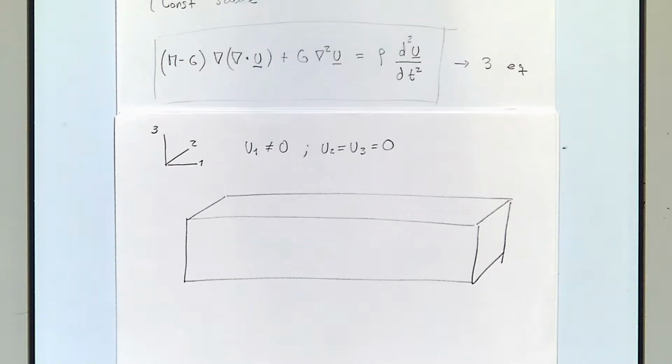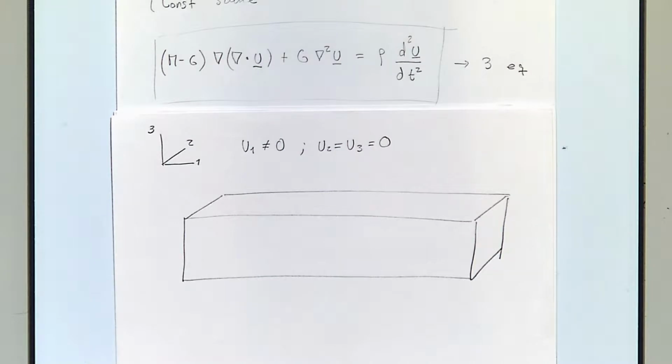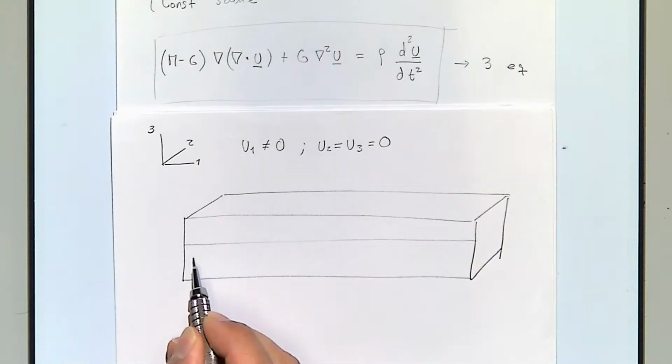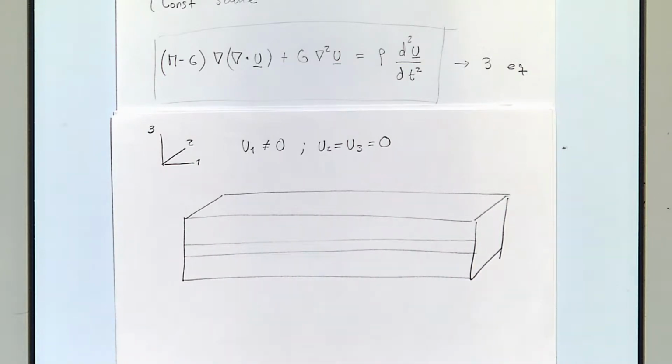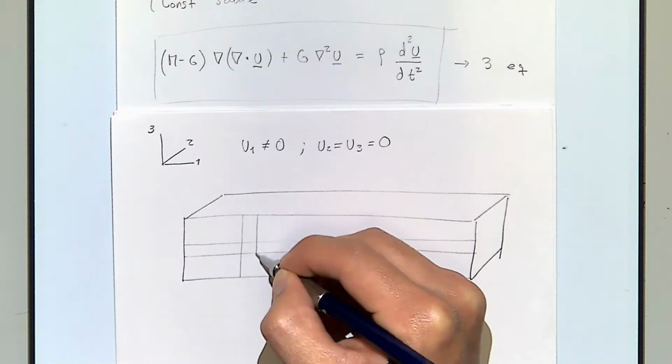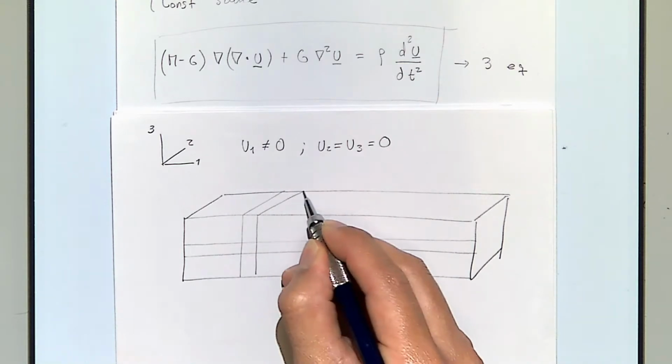Here we're just showing one piece of that infinite medium, just to make it easier to see. In this part, we're going to have a wave that only consists of displacements in direction 1. So imagine that we have an element over here.